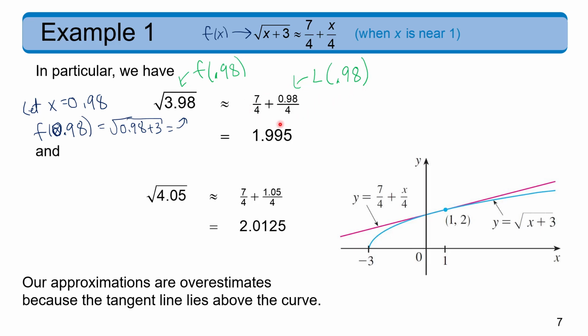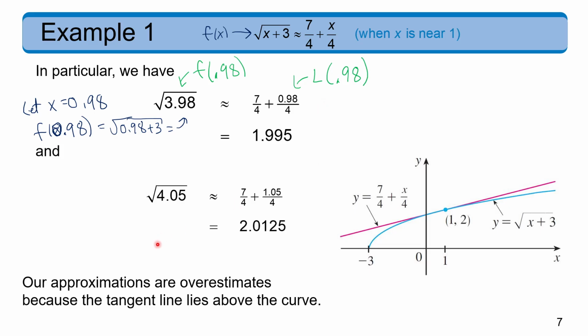It's not the easiest thing in the world to do by hand, but it's a lot easier than this square root. So you could calculate this by hand and get 1.995, and notice it's just like we expected, a little bit less than 2. So now we've approximated the square root of 3.98 by using our linear approximation.